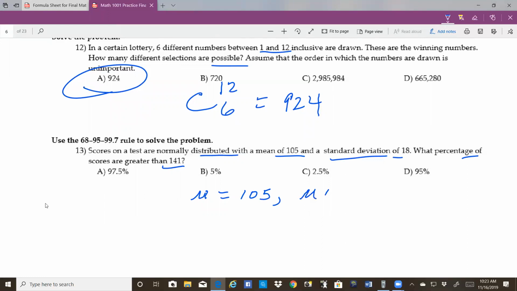The mean plus one standard deviation is 123. And the mean plus two standard deviations is 141. And we want to find the percentage of scores that are greater than 141, which is two standard deviations.